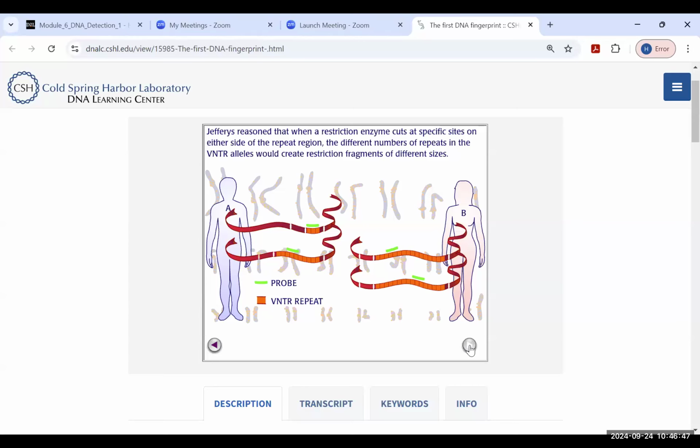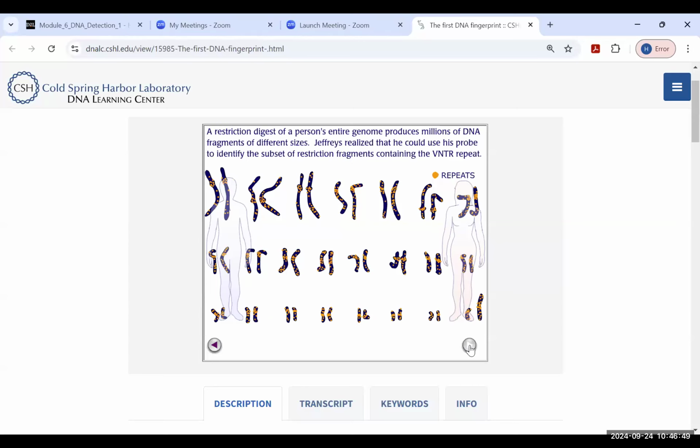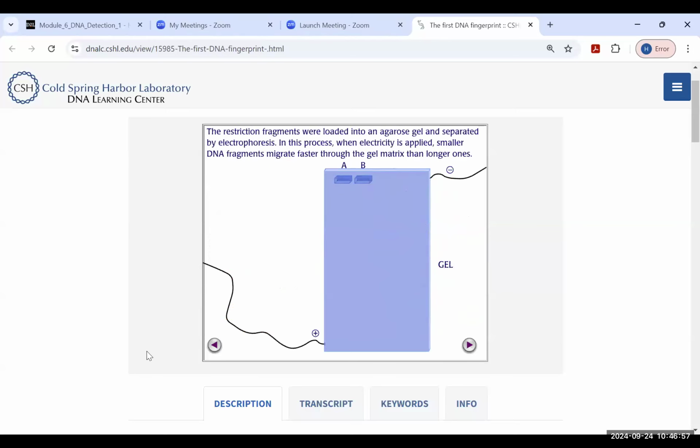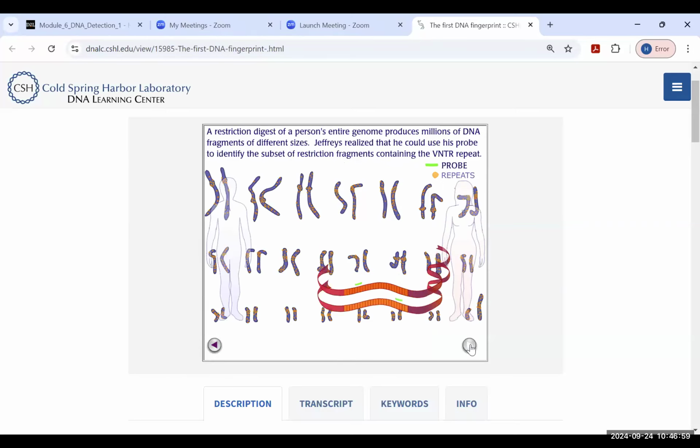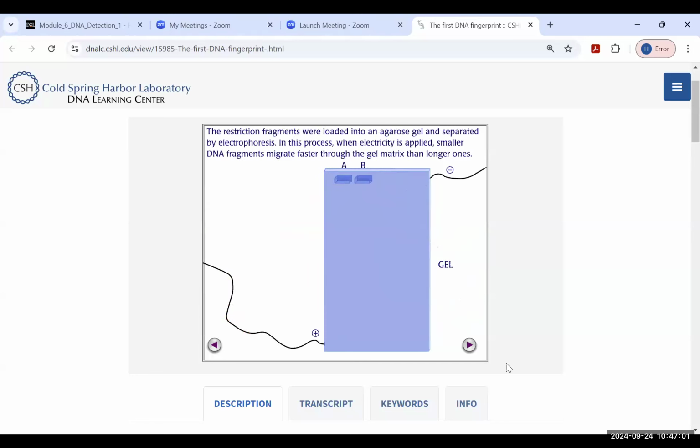And obviously, you will have a mixture of all the DNA that comes from these 2 persons, which you will eventually load on the electrophoresis gel.